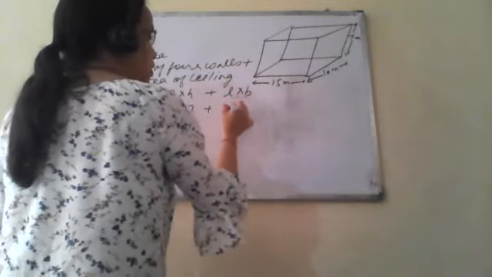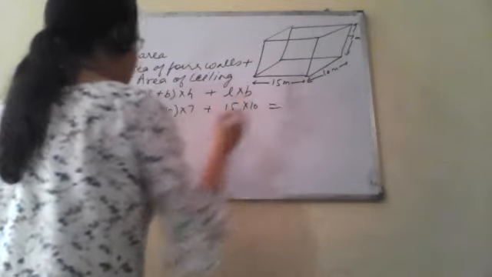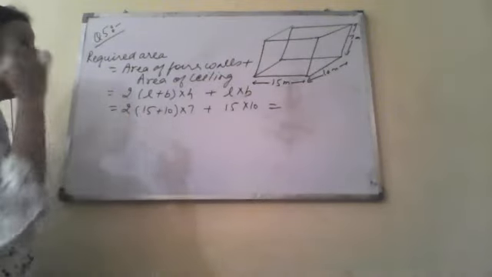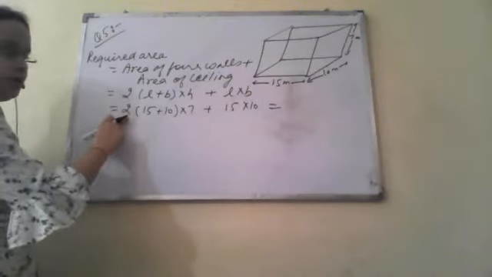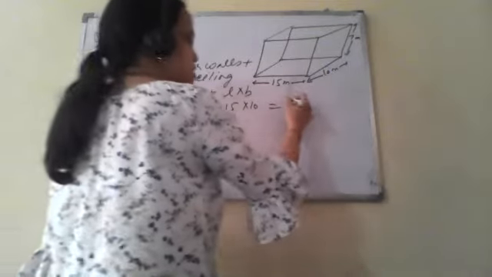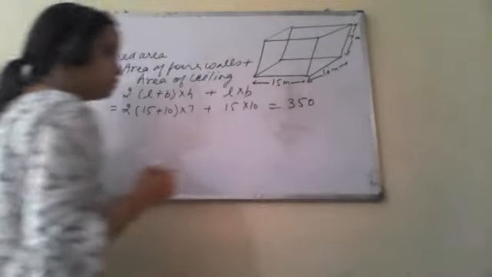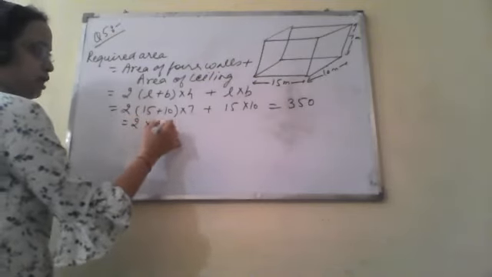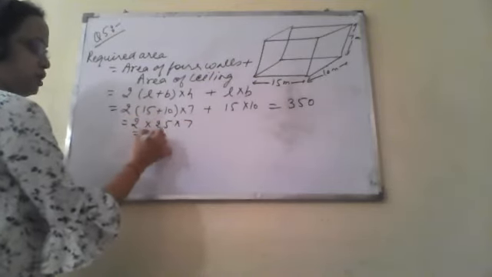So this value is 2 into 10 plus 15, 25 into 2, 50, 50 into 7, that is 350. So this is 2 into 25 into 7. This is 50 into 7.